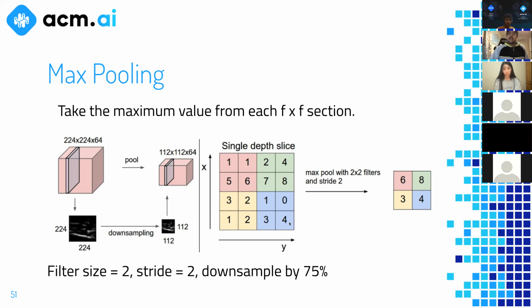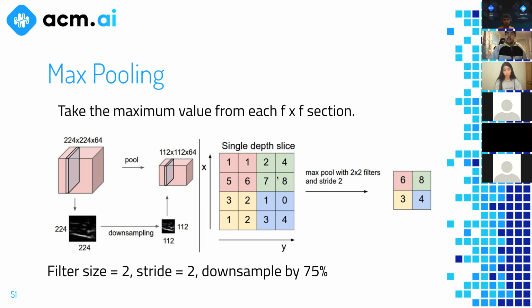So in this case, the filter size would be 2. As we move along this, we would have a filter size of 2, and our stride would be 2. Let's say we started from our left side, right on the border of the x-axis. We'd have 1, 1, 5, 6 be our first filter part, and then we would move over by 2.